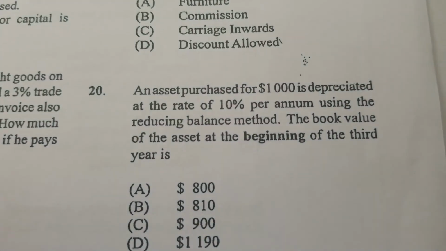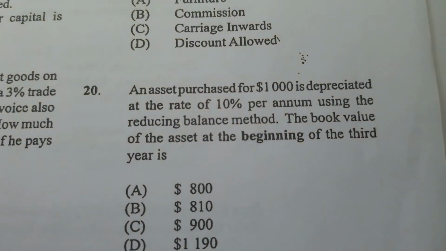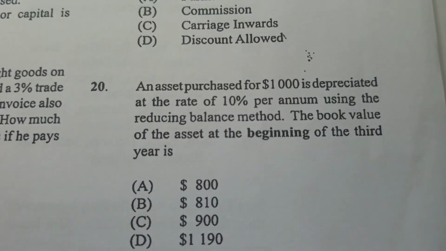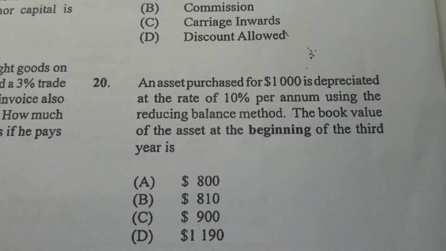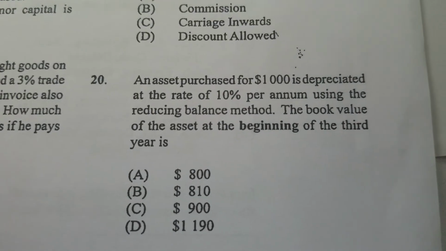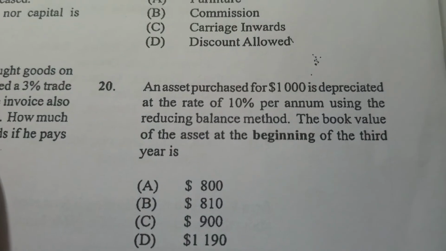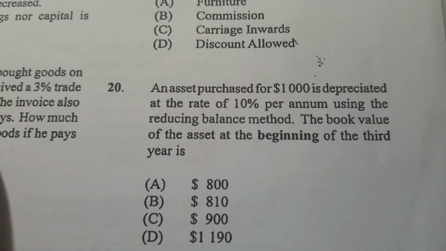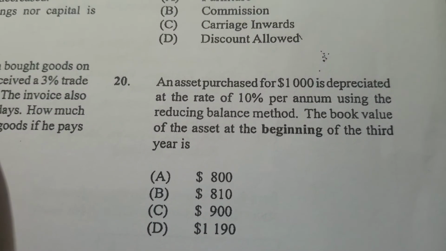Question 20. An asset purchased for $1,000 is depreciated at a rate of 10% per annum using the reducing balance method. The book value of the asset at the beginning of the third year is, all right, so what we'll have to do first of all, we'll find 10% of the $1,000, and 10% is going to be 100.